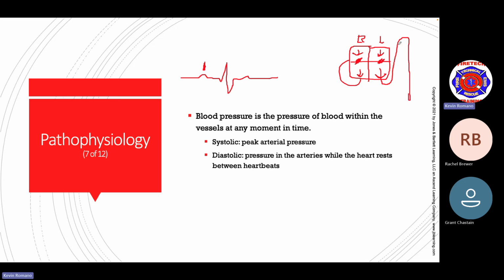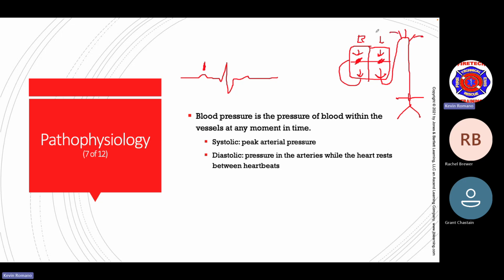We have our ascending aortic arch and descending aorta. Then it supplies the renal arteries to the kidneys, and then the femoral arteries to the lower extremities. Up top, the subclavian and carotid arteries go to the brain and into the upper extremities.